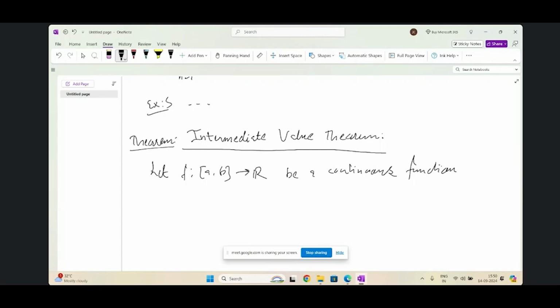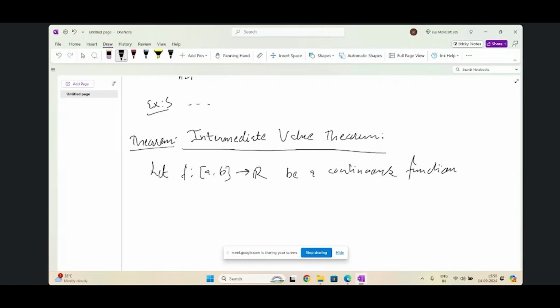Given any value between f(a) and f(b), there exists c in the domain between a and b such that f(c) is equal to that value. Basically this is the standard version of the intermediate value theorem. So we are not going to prove that. I will prove the simplest one, and the later one you can prove from this theorem itself. Okay, Dhruv, the statement you said will become the corollary of this theorem.